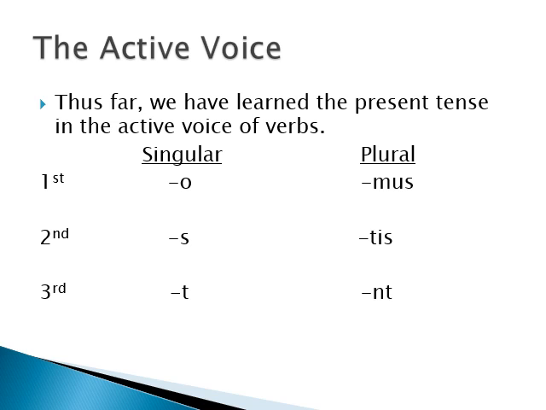In Latin, we have certain endings that tell us the verb will be in the active voice. So remember, nouns have their case and all that kind of stuff. They do not have voice. The only way you're going to recognize the active and the passive is through the verb. So far, we have learned that the only way we can tell it's in the active voice is through the endings.